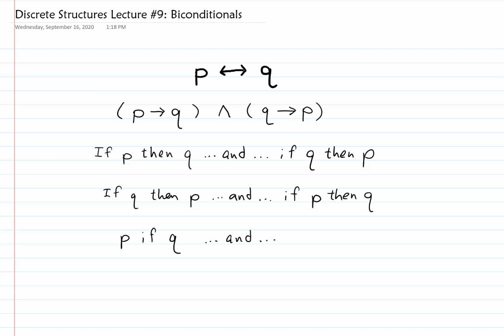Now, let's look at the other conditional. It says, if P, then Q. The if is connected to the P this time. So I could certainly write Q if P, but I'm going to choose not to this time. I showed you a couple of days ago, or I don't know how many lectures ago, that another way of writing if P then Q is to say P only if Q. And that's because of the truth table for a conditional.